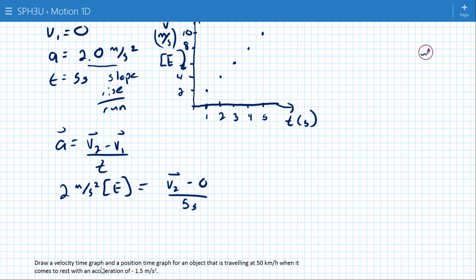And then if I multiply both sides by 5 seconds, then I'm going to get a v2 value of 10 meters per second east.